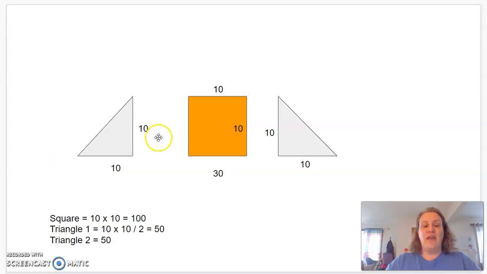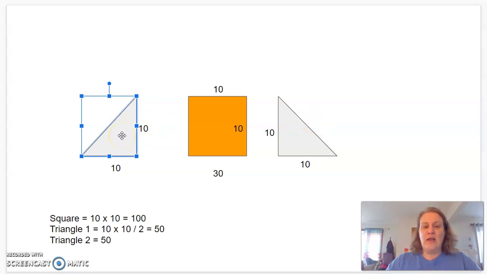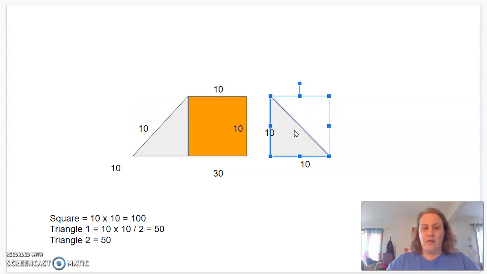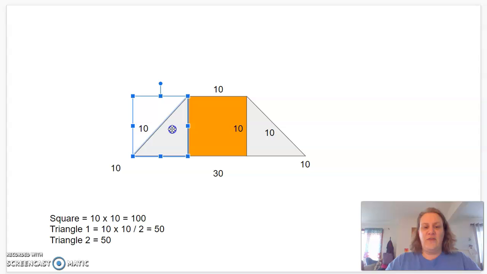So we can figure out the area of our original trapezoid by adding up the area of the square, which we said was 100, and adding that 100 to the area of each of those triangles, which we said was 50. So our original trapezoid, the area is going to be 50 plus 100 plus 50.